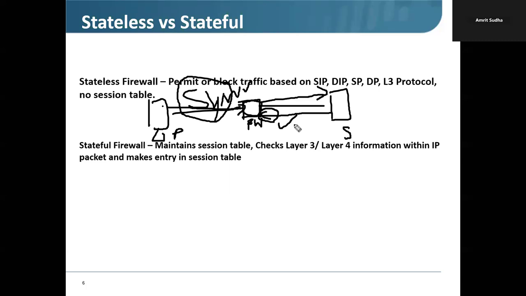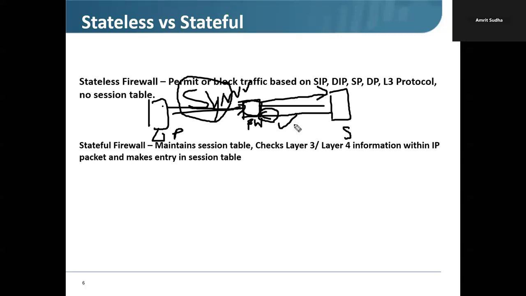So it maintains the state of the connection when packets travel through the appliance. A stateful firewall maintains the state of connection in the state table of the firewall. When it receives a reply packet, it matches the packet information to the state table.